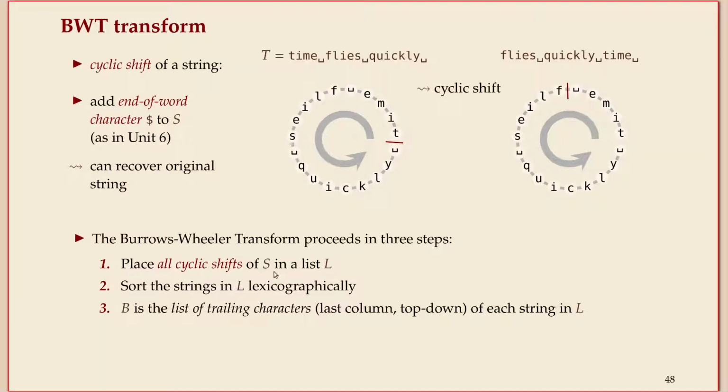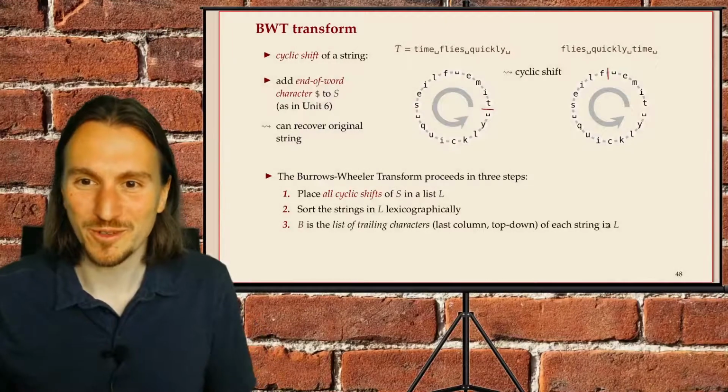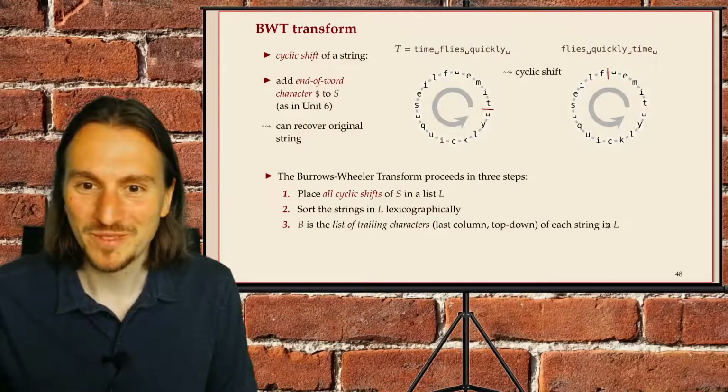You take all cyclic shifts of your text with the $ sign at the end. You sort all those cyclic shifts lexicographically, and then you take in that sorted list the last column top to down and read down these characters. And that gives you the Burrows-Wheeler transform of the text.